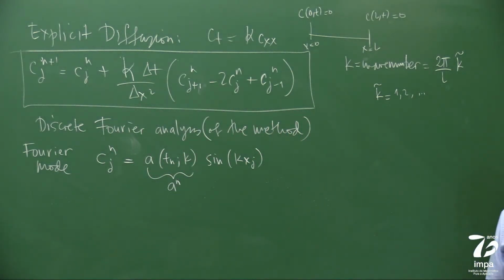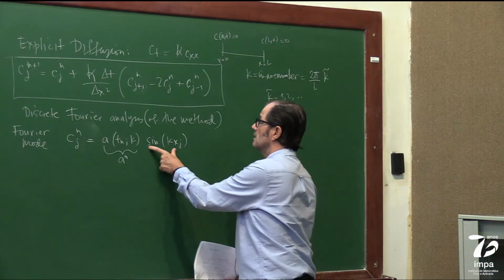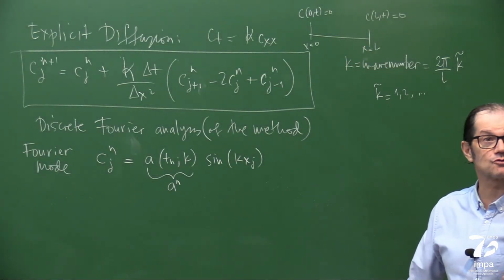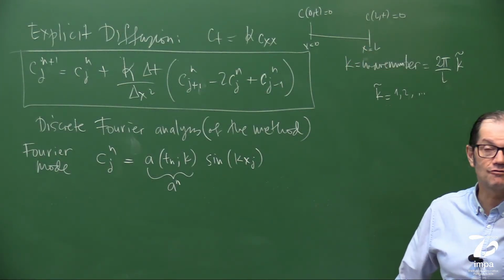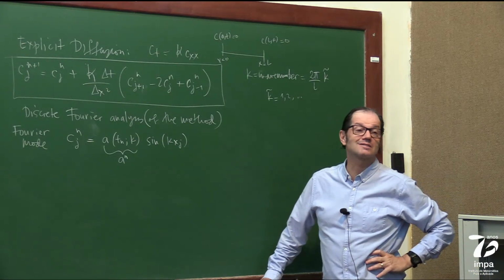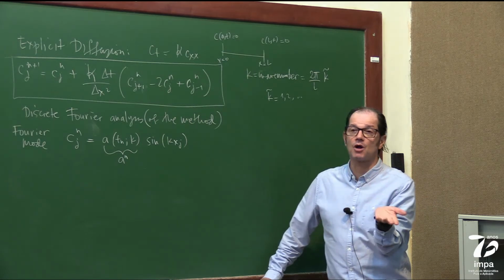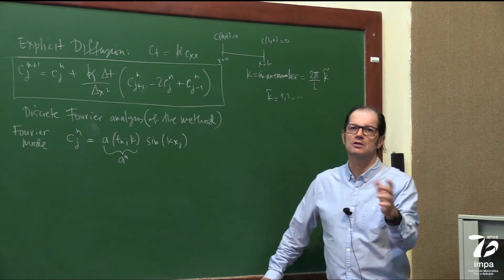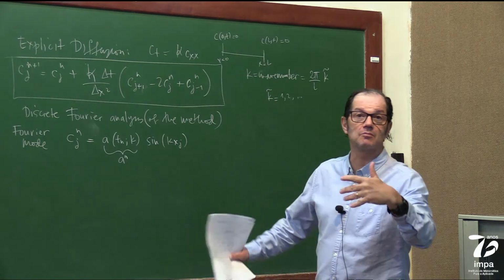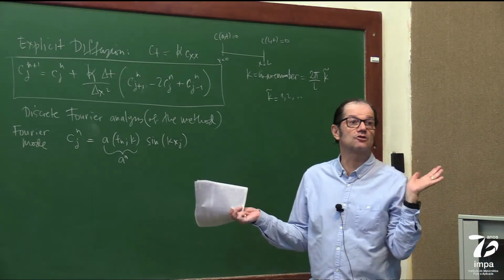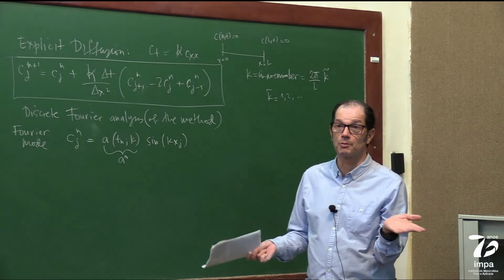It's a little bit like a separation of variables. This guy here takes care of the boundary conditions, that's why I use a sine Fourier mode, or a sine Fourier series, if you like. But the problem is linear, constant coefficient, so I just need to check a generic mode for some generic k, and then I understand everything due to superposition.